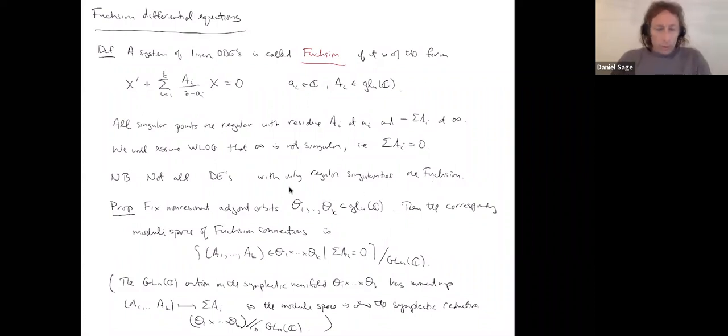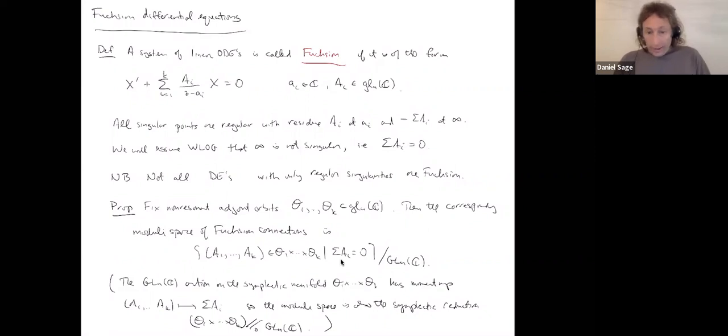So in this case, writing down the moduli space is really easy. Fix the non-resonant adjoint orbits, then the corresponding moduli space of Fuchsian connections is just, well, you take your non-resonant adjoint orbits, you take a k-tuple of matrices that are in these orbits.